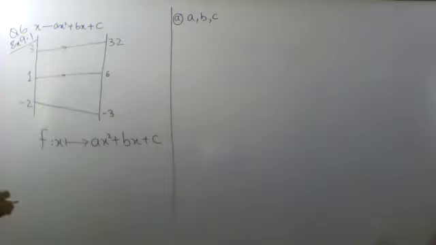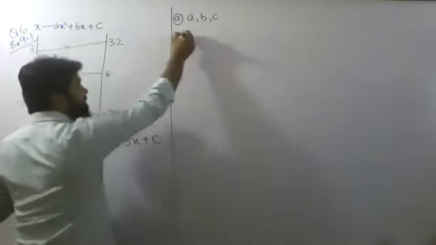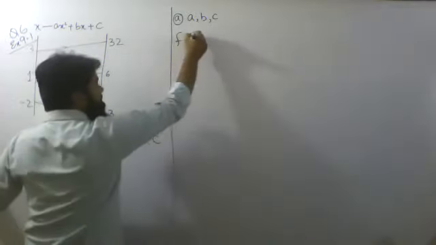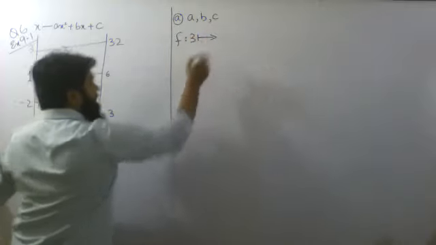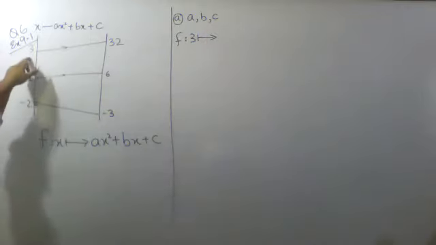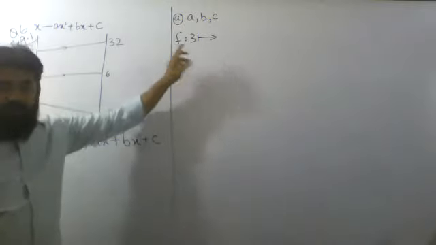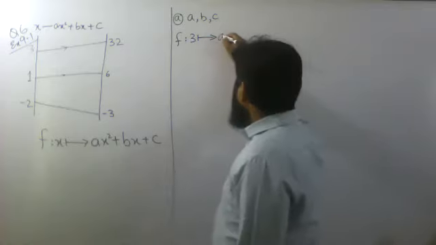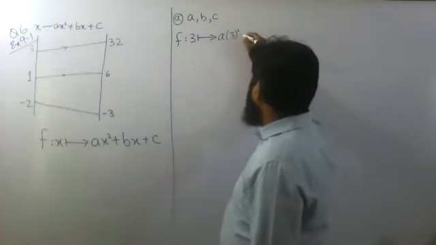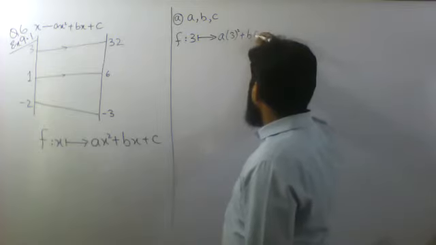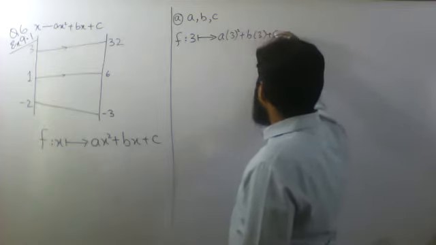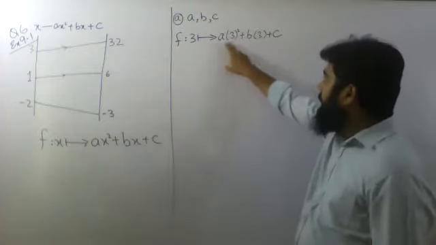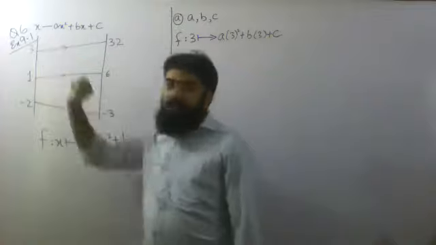So f of 3. It means I am replacing all the x by 3. So a 3 squared plus b 3 plus c. I have replaced all x by 3.